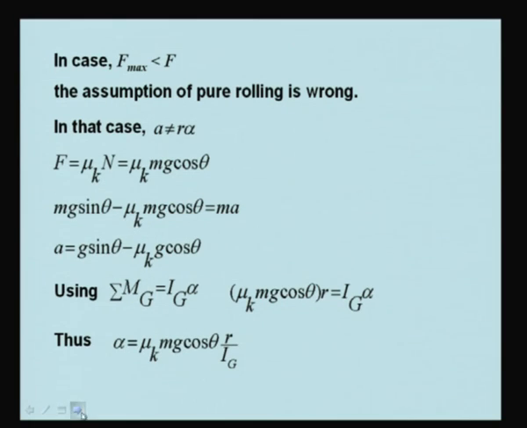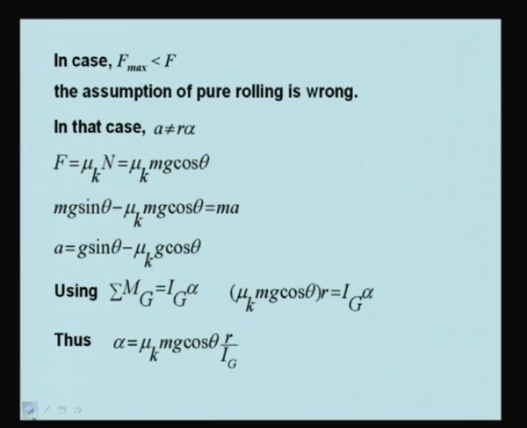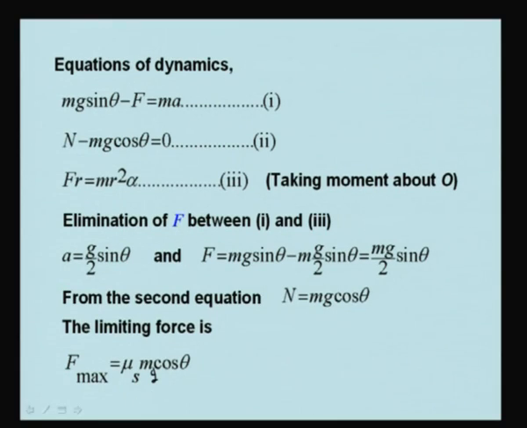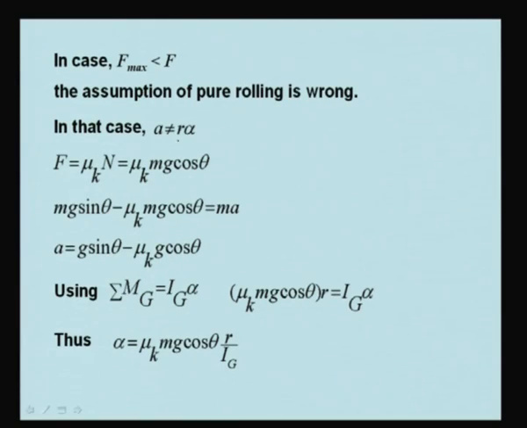Suppose F max is mu s mg cos theta, and because this is the maximum possible value, in that case A will not be equal to r alpha, and you will be getting F is equal to mu k times N. You still have the relation between the force and the normal reaction, that is mu k mg cos theta.